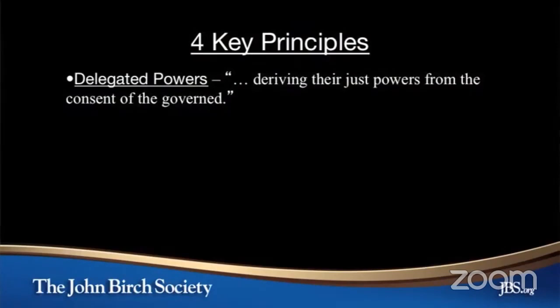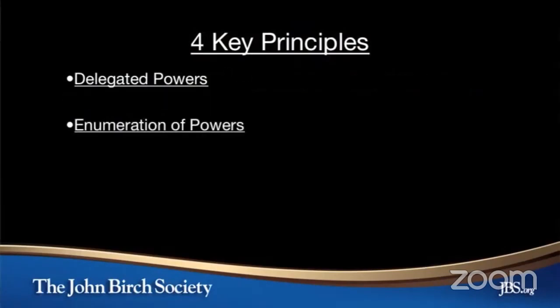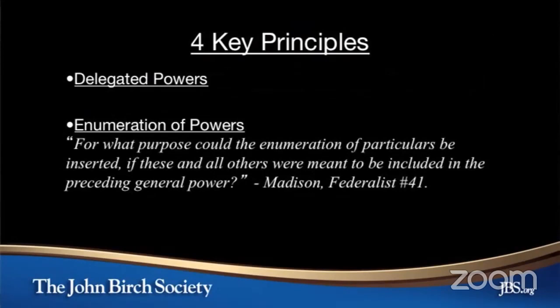The next concept, enumeration of powers. That's that list. There's the specific list of powers they were given. James Madison refers to this concept in Federalist number 41, where he says, for what purpose could the enumeration of particular powers be inserted if these and all others were meant to be included in the preceding general power?